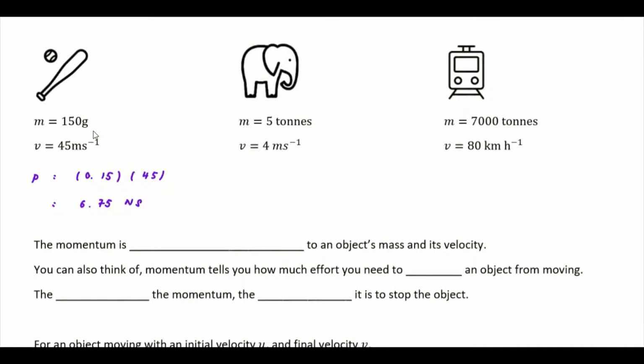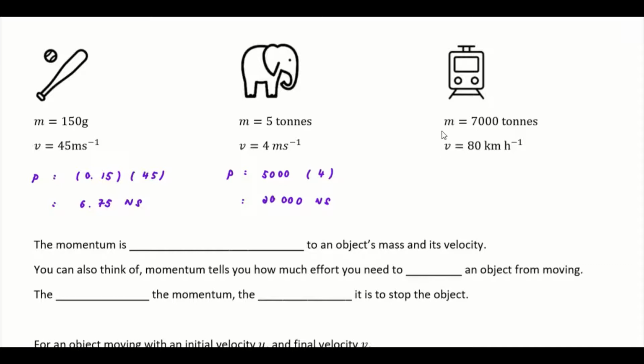For example, imagine when you collide with a moving elephant and with a non-moving elephant. The impact that you have is going to be different. So for this case, the mass is 5 tons, so that's 5,000 kg, multiplied by the velocity, and we get 20,000 Newton second.